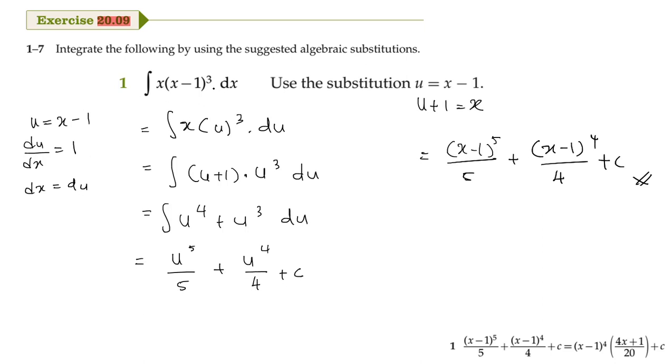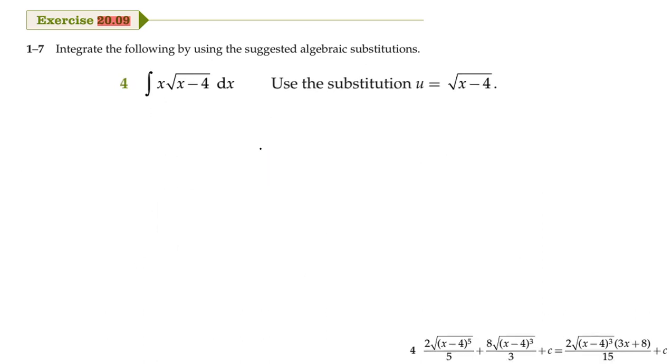What if I put power of 10? So it's very hard. So therefore, using the substitution method, we let u be the function inside the bracket. But you have to rearrange and put x as the subject. Now you have u plus 1. So substitute your x, and then you get the whole thing in terms of one variable.